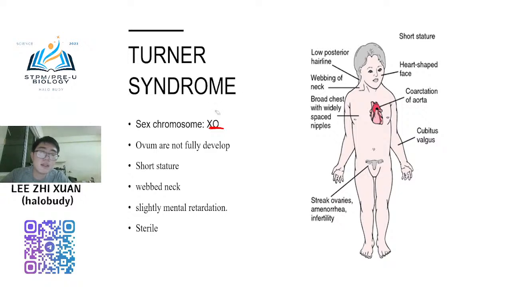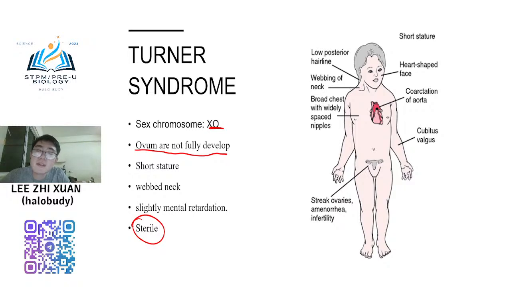So this one is that the ovum is not fully developed lah. So it is sterile. Tak boleh produce the ovum, cannot produce the egg. So this kind of human female does not have a menstrual cycle lah. Tak ada punya lah, because the ovum cannot form.